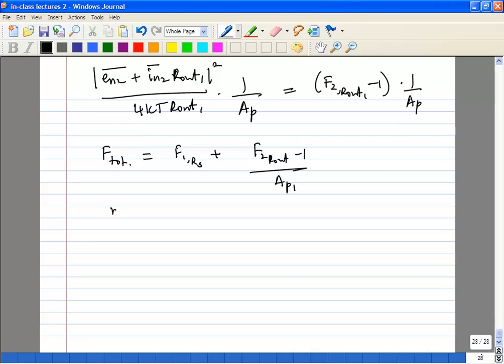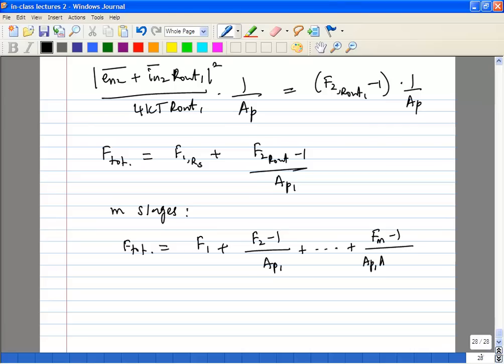So if you have, let's say, m stages, it is the noise figure of the first stage plus F2 minus 1 over the gain of the first stage, plus the third stage would be F3 minus 1 over the product of the power gains of the first two stages, and so on.